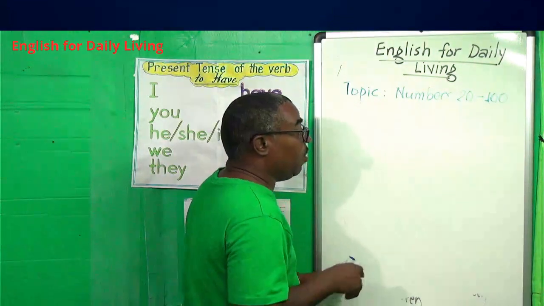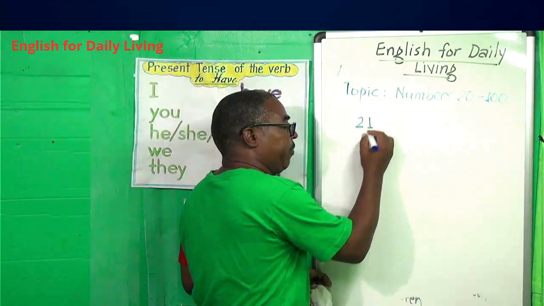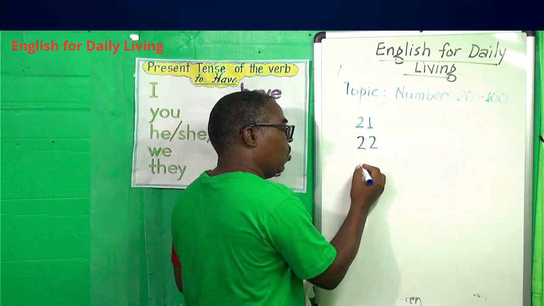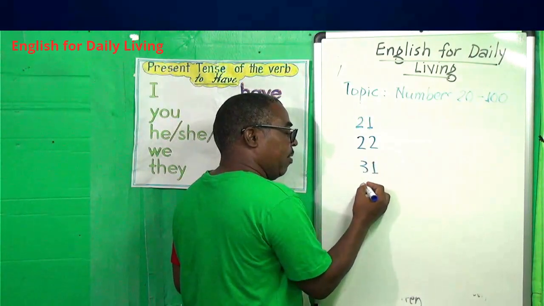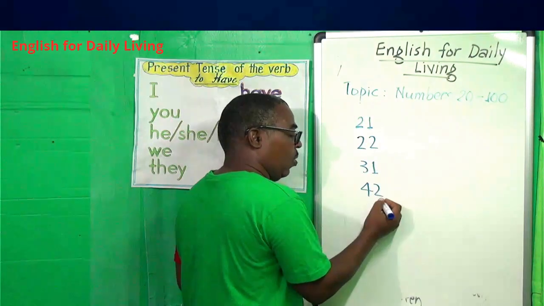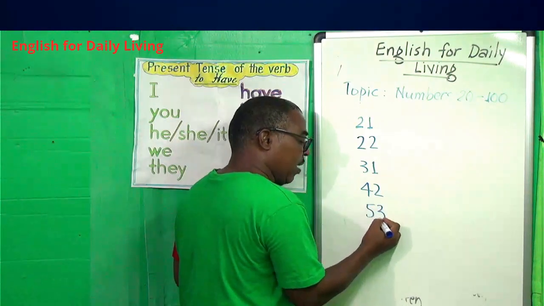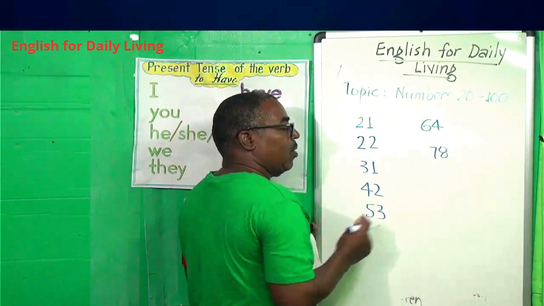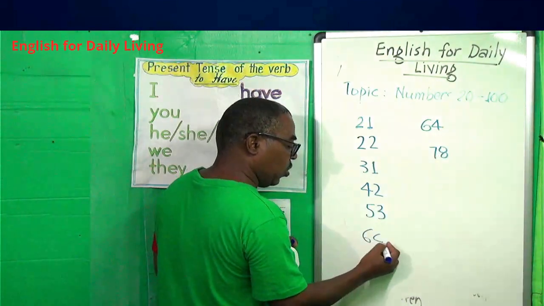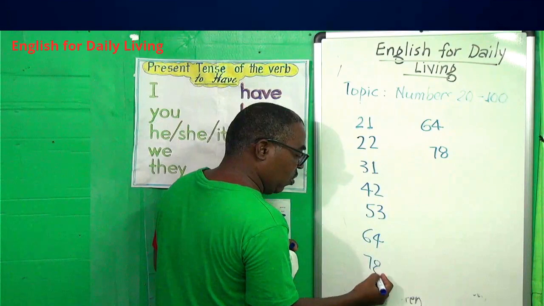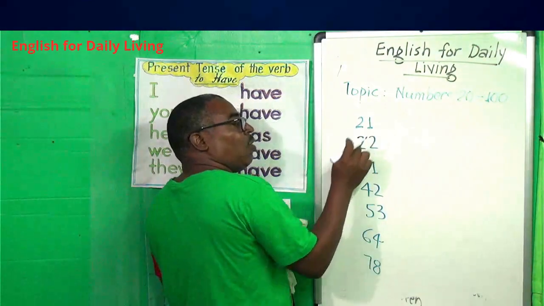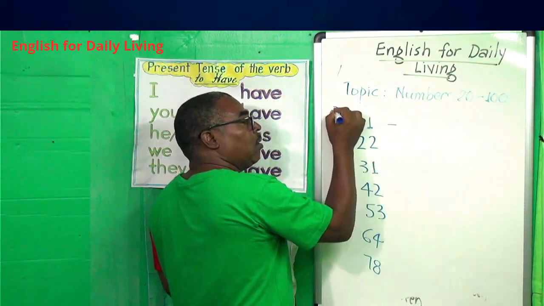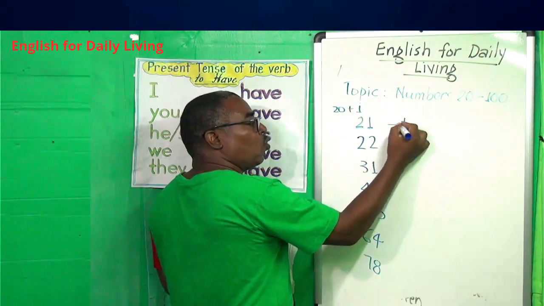So if we want to do 21 and 22 and 31 and 42 and 53 and 64 and 78, we already established that we know the first 10 numbers. 21, so look at this, it's really 20 and 1.